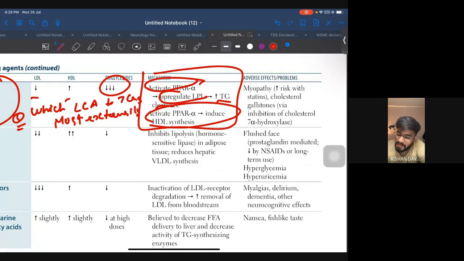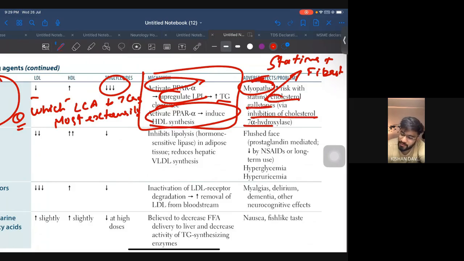And with fibrates one important one is myopathy. Okay, when it will cause myopathy, when you give statins along with fibrates. So statins plus fibrates if given, it can cause myopathy. Cholesterol gallstones via inhibition of cholesterol 7 alpha hydroxylase, both of them very important.